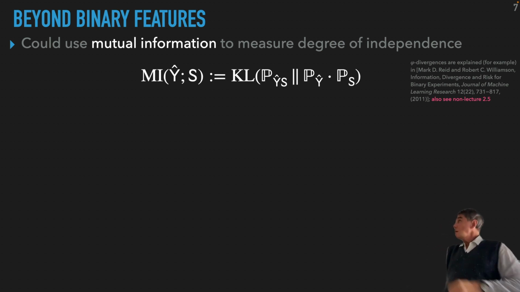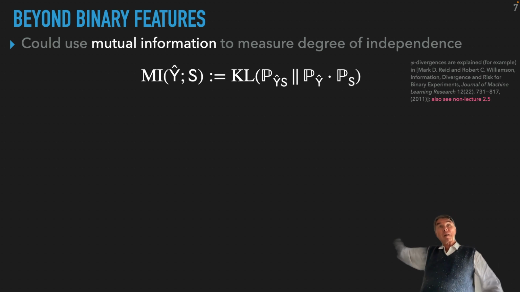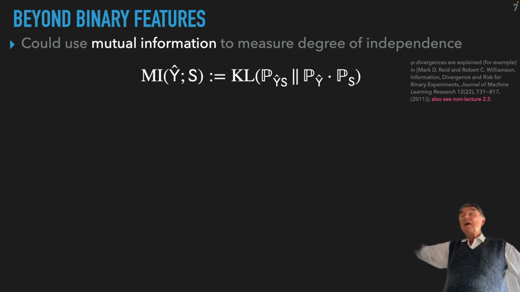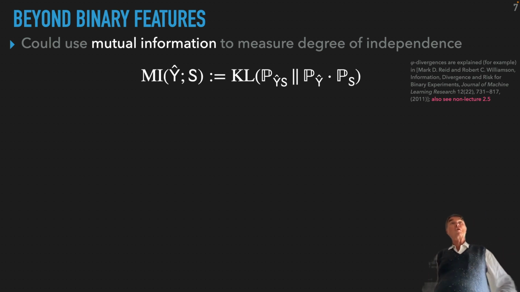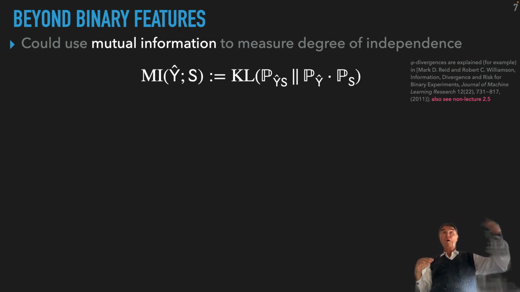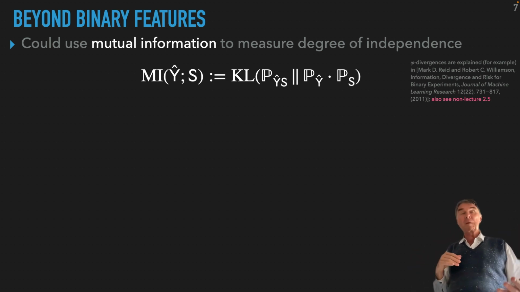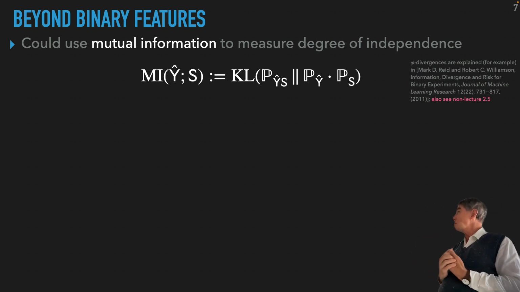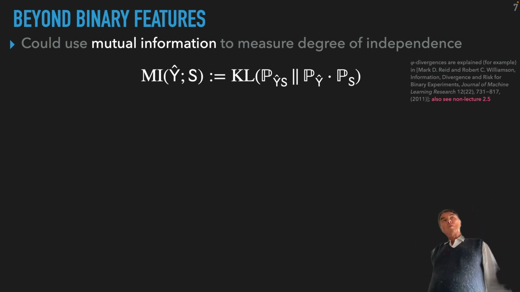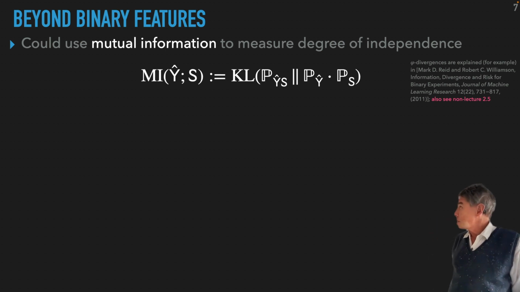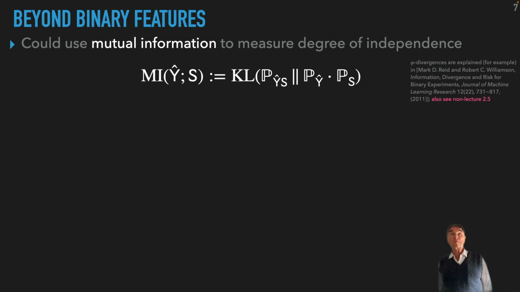I've got the definition of classical mutual information up here. It's simply the Kullback-Leibler divergence between two distributions, right? The KL divergence, I'm hoping that you've known. I think I've got a formula shortly. It's a standard way of measuring a distance between two distributions. What are the two distributions I'm measuring the distance between? It's the joint distribution, P of y hat and S, and the product of the marginals.